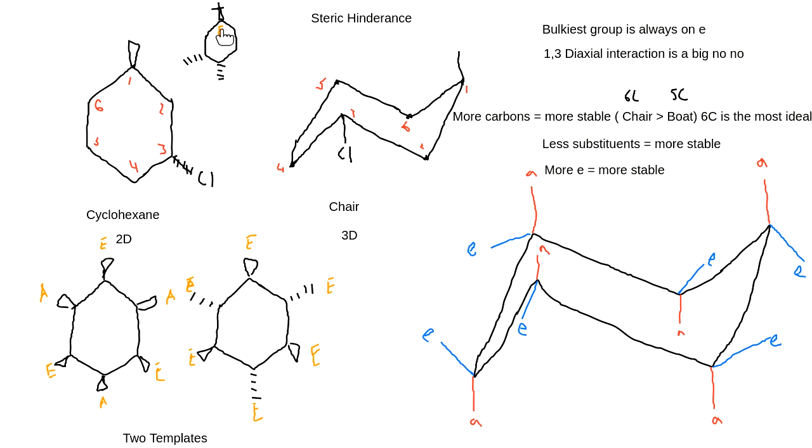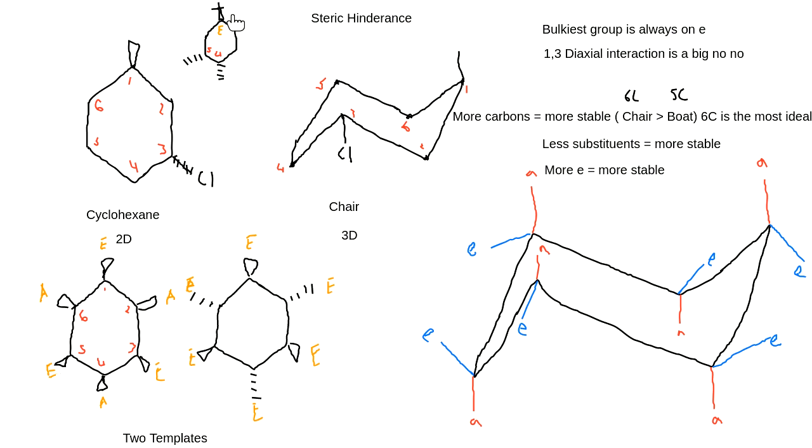Okay, so now we have to look at, and it might help if you number these 1, 2, 3, 4, 5, 6, and then I have my dashes on carbons 4 and 5. And if I look on my template, I only have wedges here, right? And I chose to have this as a wedge, okay?